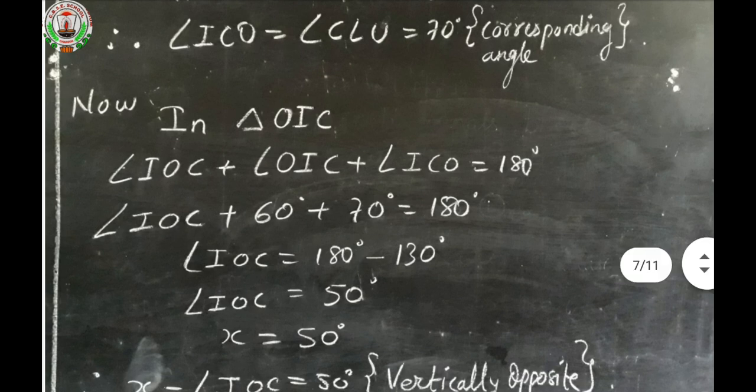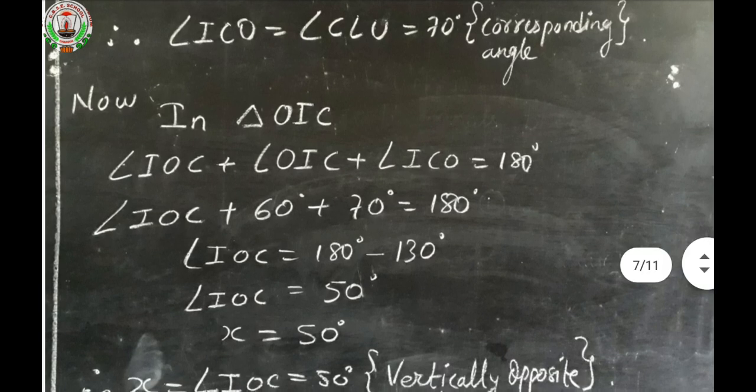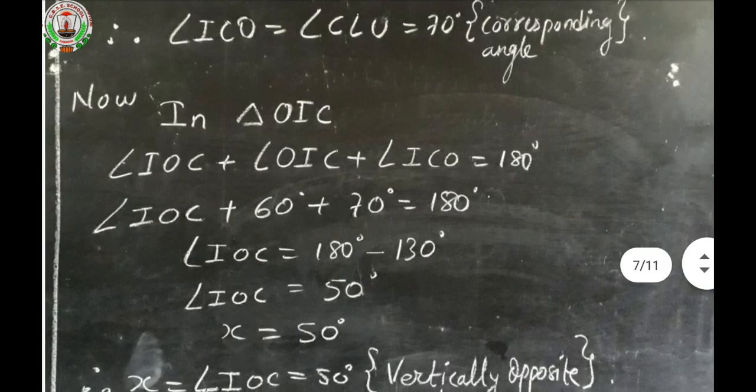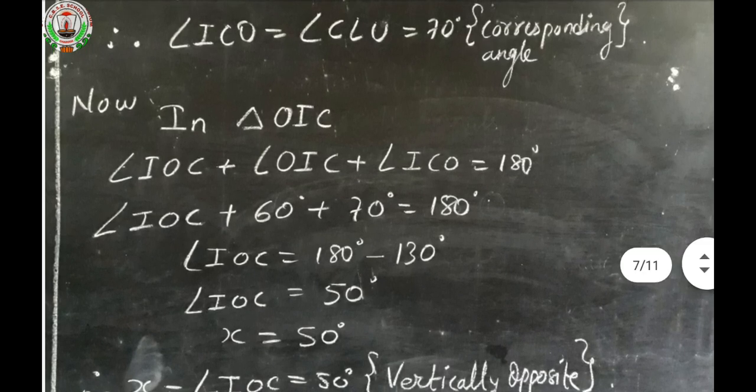Okay. So 60 plus 70 will become 130. Now what we are going to do, we have to transpose 130 degrees from the left hand side to the right hand side. It becomes minus 130 degrees. So the equation will be angle IOC is equal to 180 minus 130 degrees.